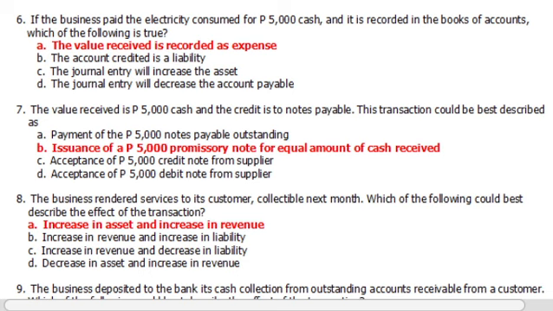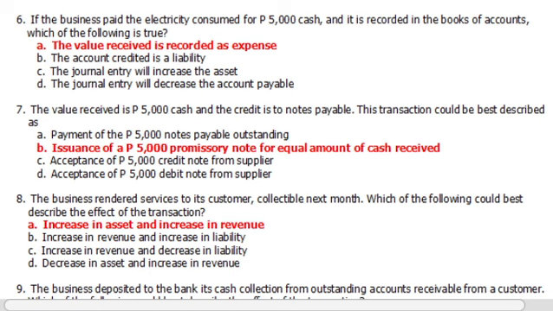Number 9, the business deposited to the bank its cash collection from outstanding accounts receivable from a customer. Which of the following could best describe the effect of the transaction? So, dineposit daw natin yung ating collection from outstanding account receivable of the customer.